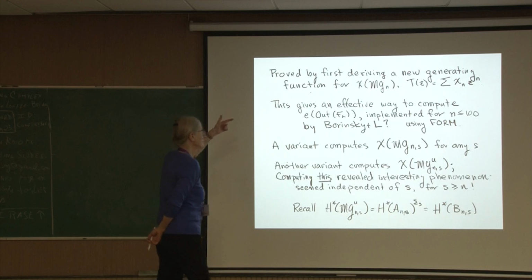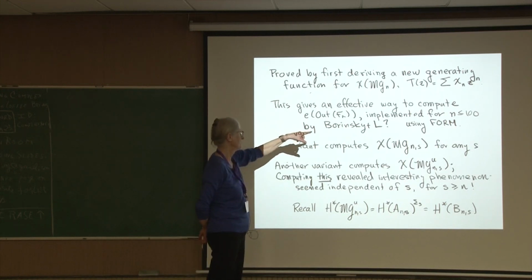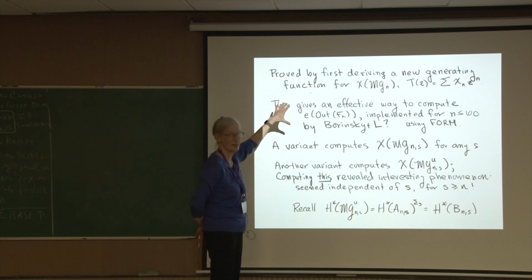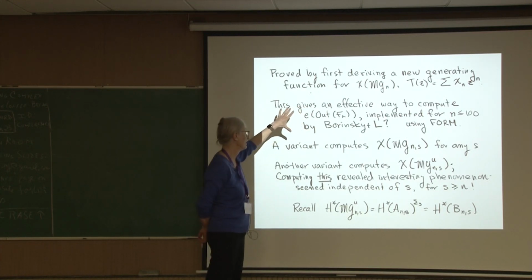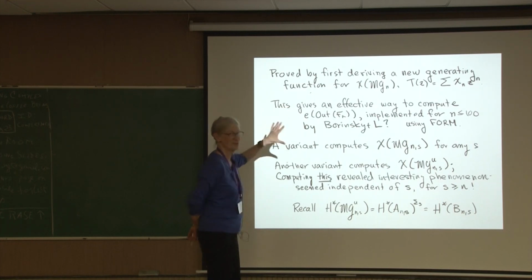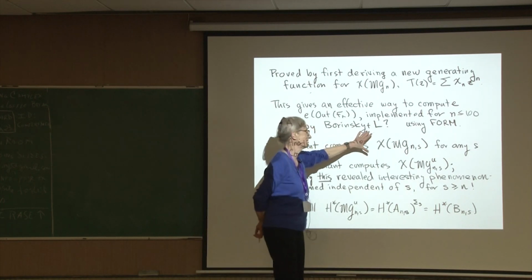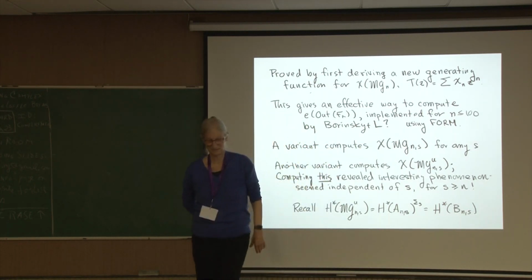So Borinsky and his friend wrote this up, and they wanted to write it up as a separate paper concentrating on the implementation of this algorithm in this computing language. But Michi said, well, we should do something else, so let's compute the Euler characteristics of M_g,s for all s.